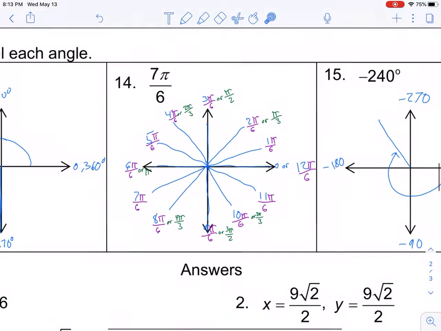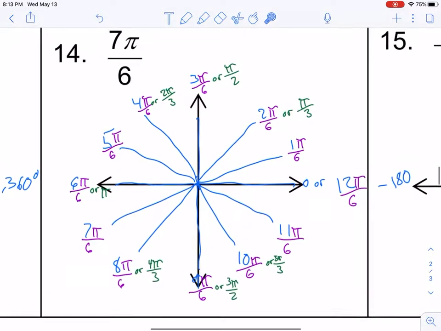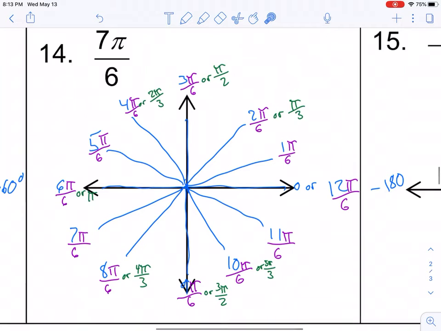For number 14, I do want to take a moment to explain this a little further for anyone who is struggling with it. Here's the deal with number 14. If you notice in blue, I have 0 or 12. This is cut into, this is just using my kind of thirds or whatever.